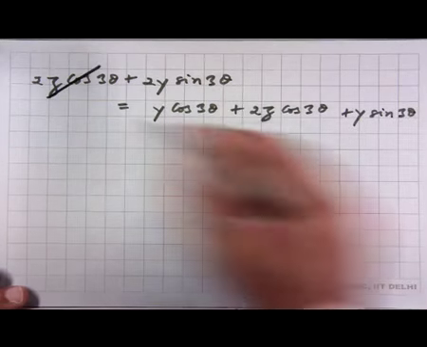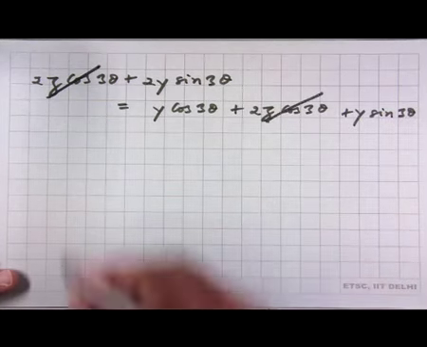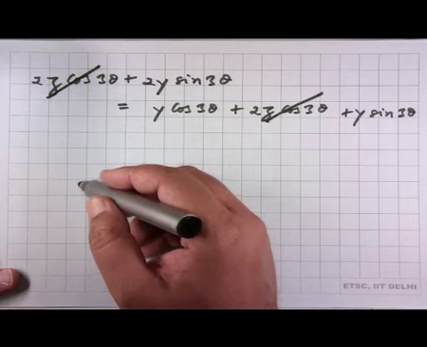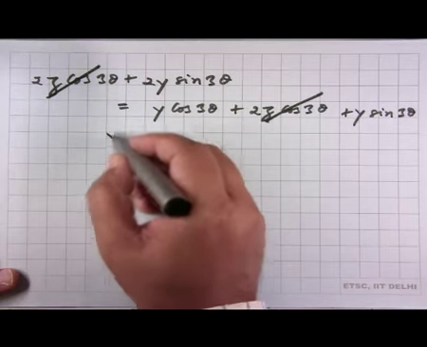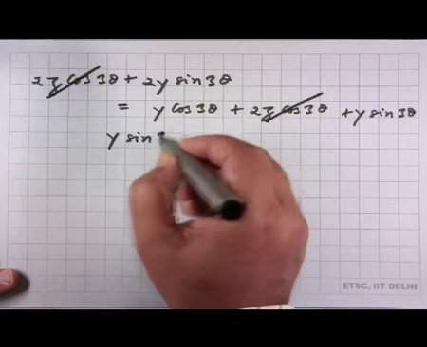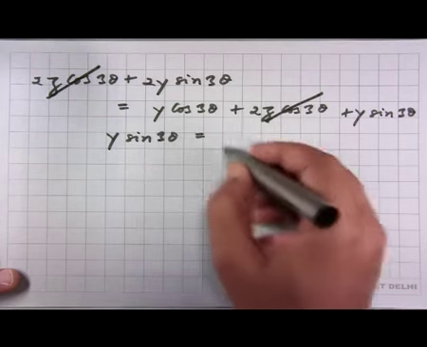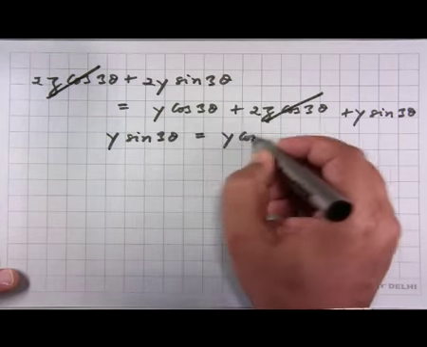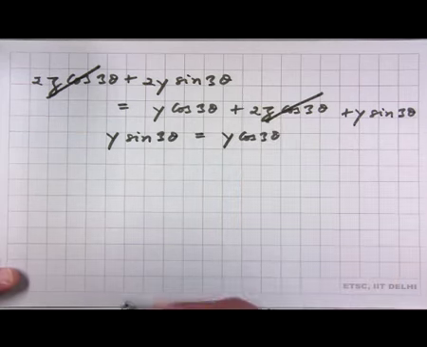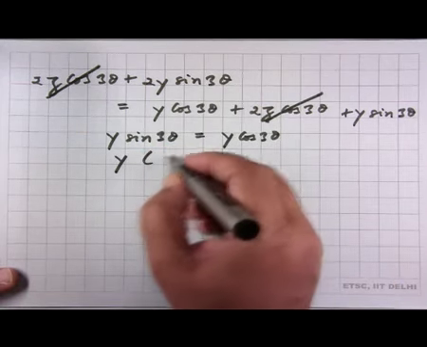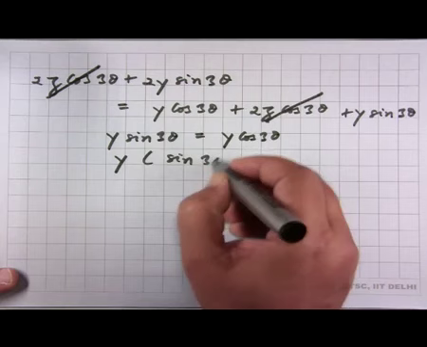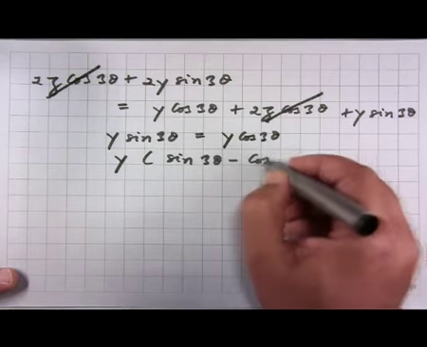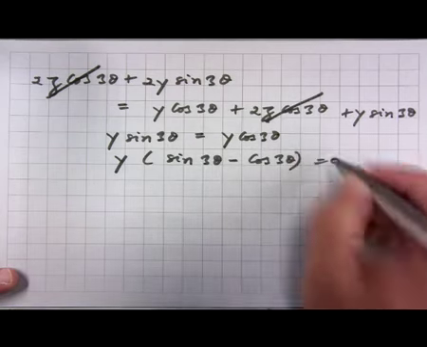Of course, this and this term get cancelled, and then what remains is that y sine 3 theta is equal to y cos 3 theta, which can be written as y into sine 3 theta minus cos 3 theta equals 0.